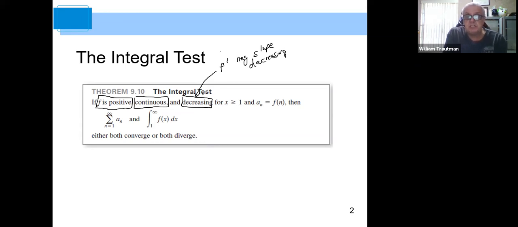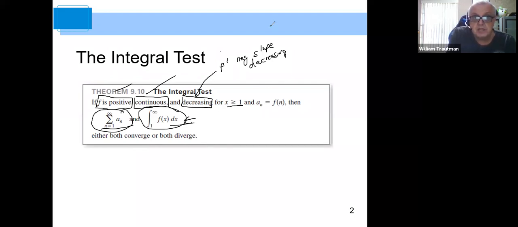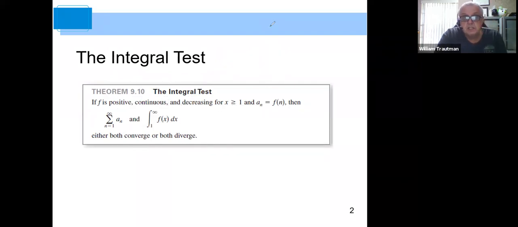So that's what we'll be doing sometimes, taking the derivative just to see if it's decreasing. And this is for x equal to or greater than 1. And if we have this function, we can then integrate it. If all these are met, then both of these will converge or diverge depending on what the answer to the integration is. And that's the integral test.